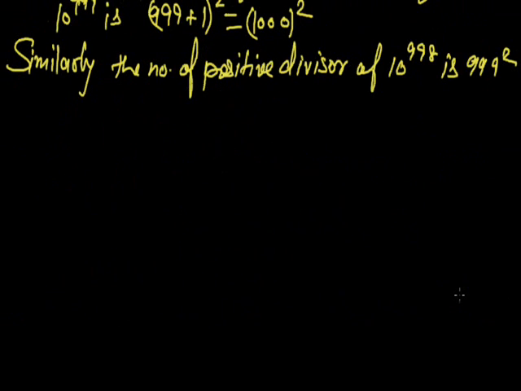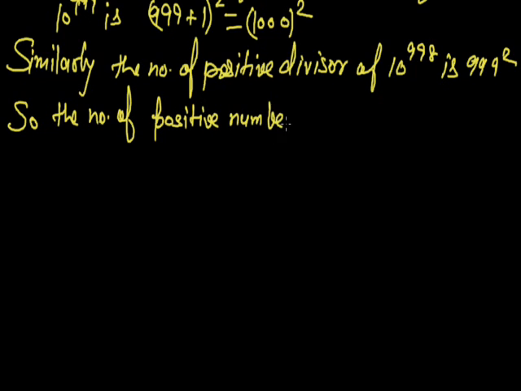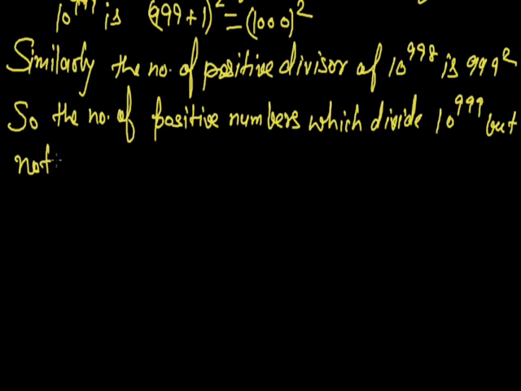So the number of positive integers which divide 10 raised to power 999 but not 10 raised to power 998 may be given as 1000 square minus 999 square, that is equal to 1999.